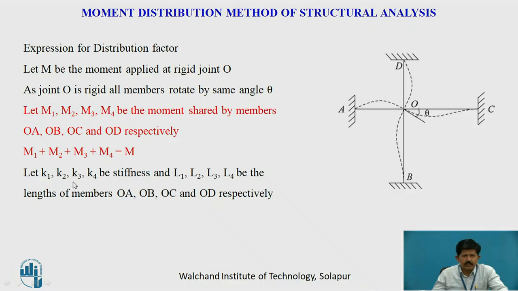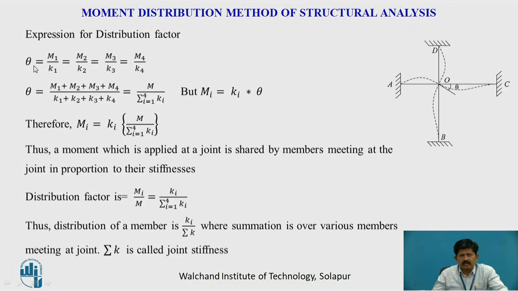Let K1, K2, K3, K4 be the stiffnesses and L1, L2, L3, L4 be the lengths of the members OA, OB, OC and OD respectively. Now, theta is equal to M1 upon K1. As theta is equal for all the members, that will again be equal to M2 upon K2, which equals M3 upon K3, which equals M4 upon K4.